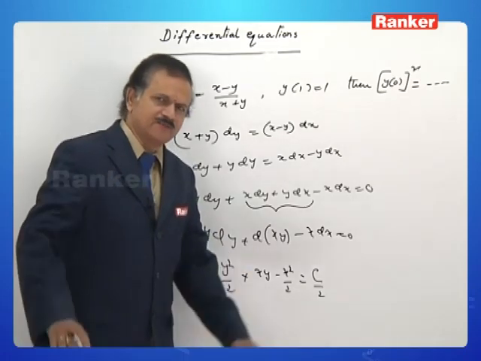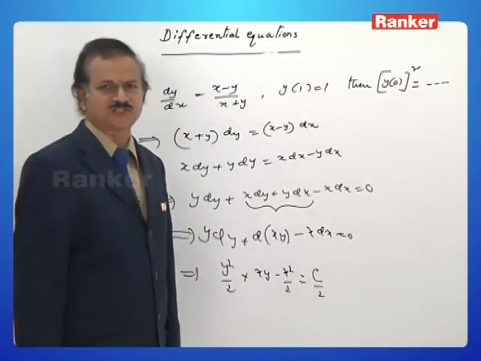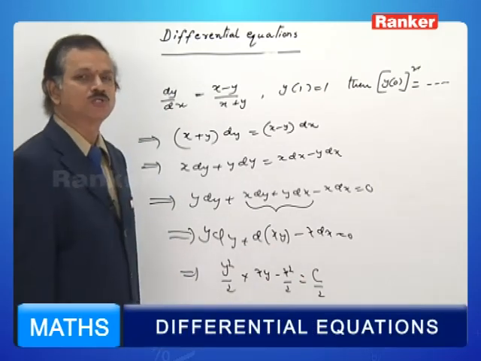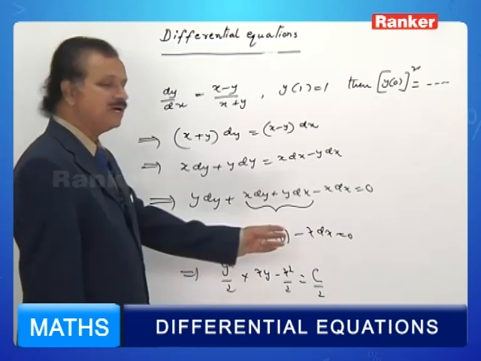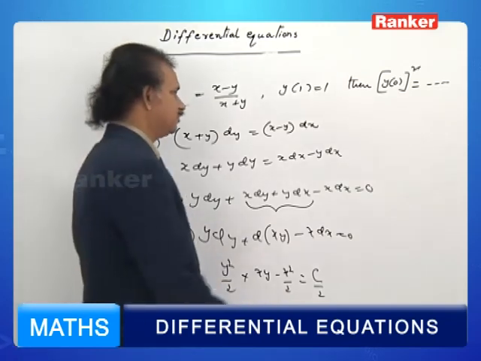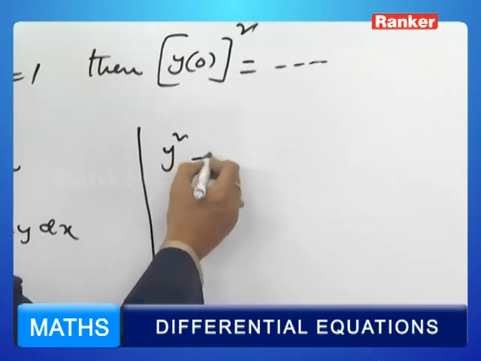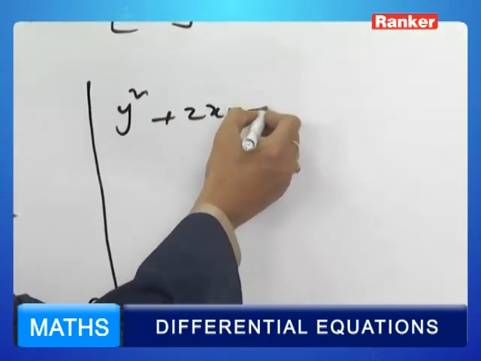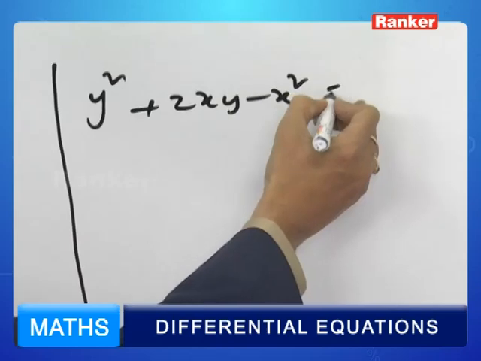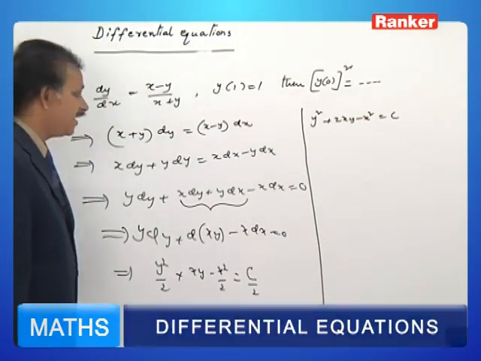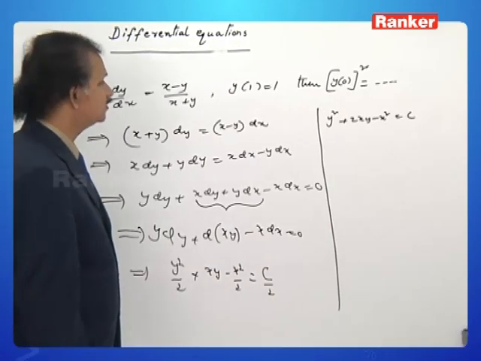Just for the sake of simplification, I've taken c by 2 instead of c. Now you multiply it with 2, what happens? The solution is now y square plus 2xy minus x square is equal to c. Am I right?